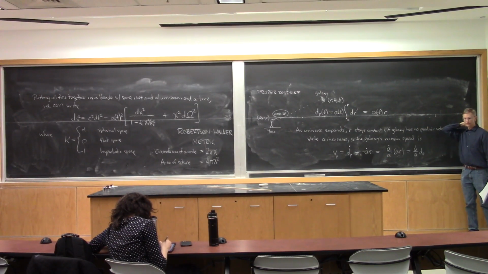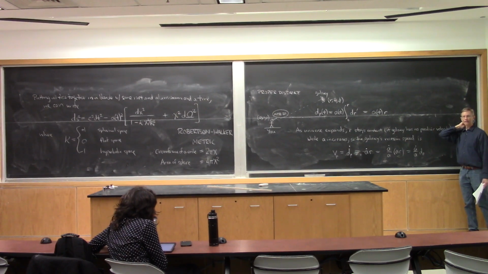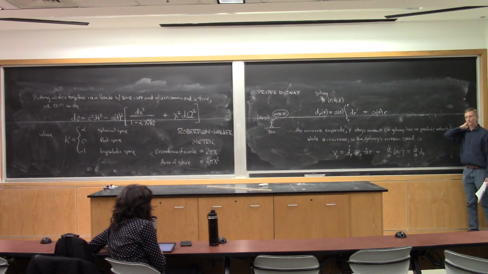If only there was a law named after some famous astronomer that said that recession speed is proportional to distance. Is there a law named after some famous astronomer that says how fast the galaxy is moving away from us is some number times how far away the galaxy is from us? Who's that famous astronomer? It is Hubble.